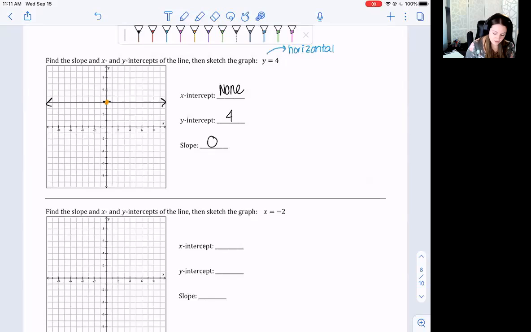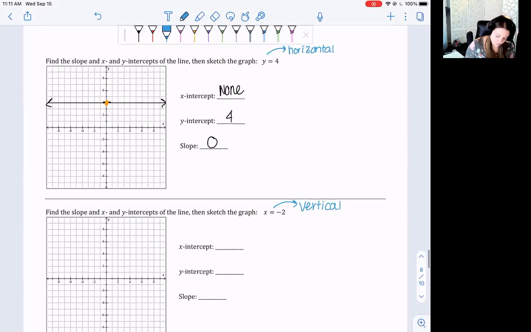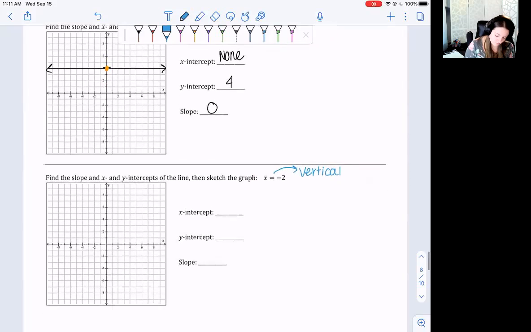On the other hand, if we had a line like x equals -2, if it's x equals a number, that's going to be a vertical line. We go to the x-axis and we go to -2.